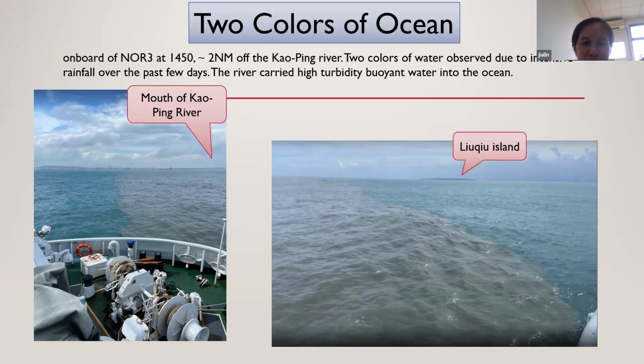He was lucky: he flew all the way from Seattle and got a good moment to observe the Gaoping River, which discharges a lot of sediment from the river mouth. The island here is Xiaoliuqiu, which may be familiar to people living in Taiwan.